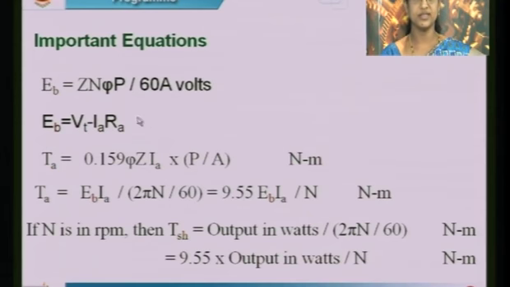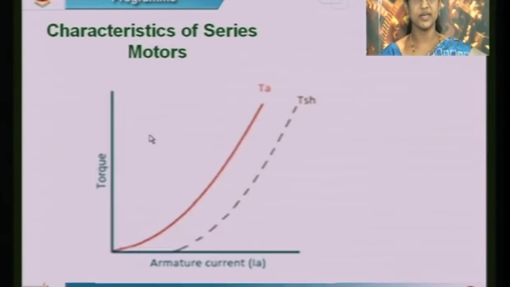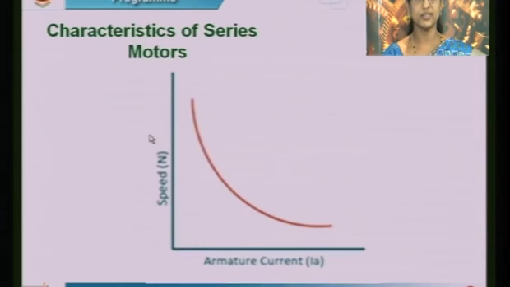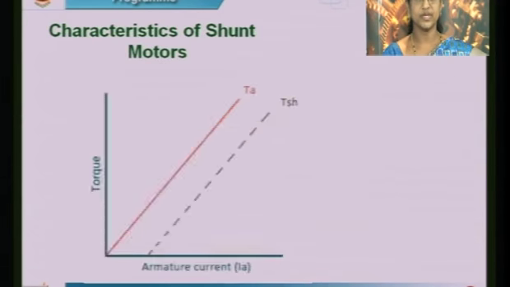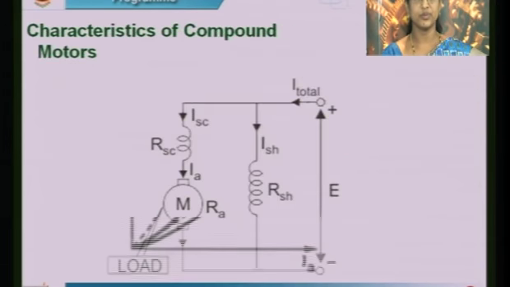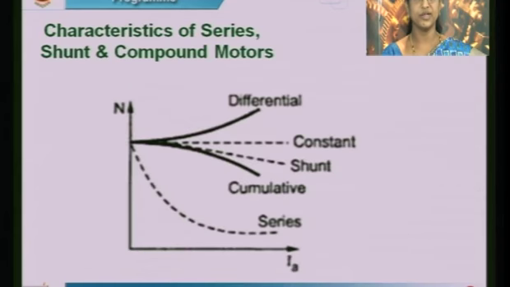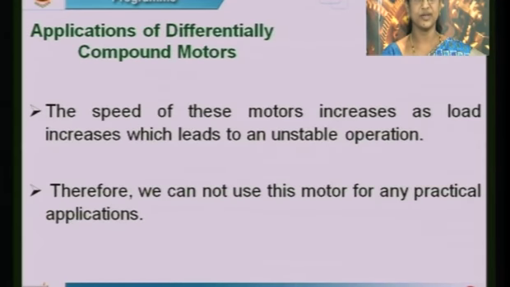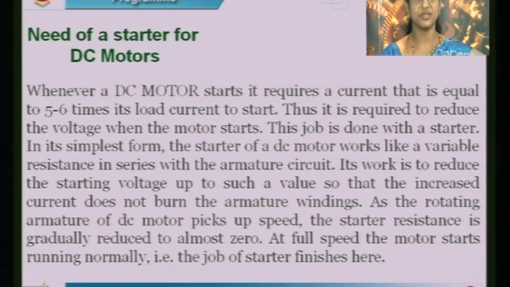By using these relationships, we have got the characteristics for series motors, shunt motors, and compound motors, both cumulatively compound and differentially compound, and you have seen the applications also. So, this is about the operation of DC motors.